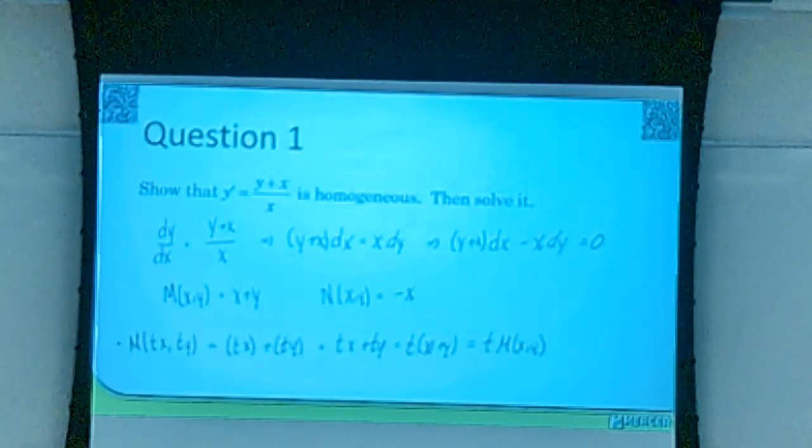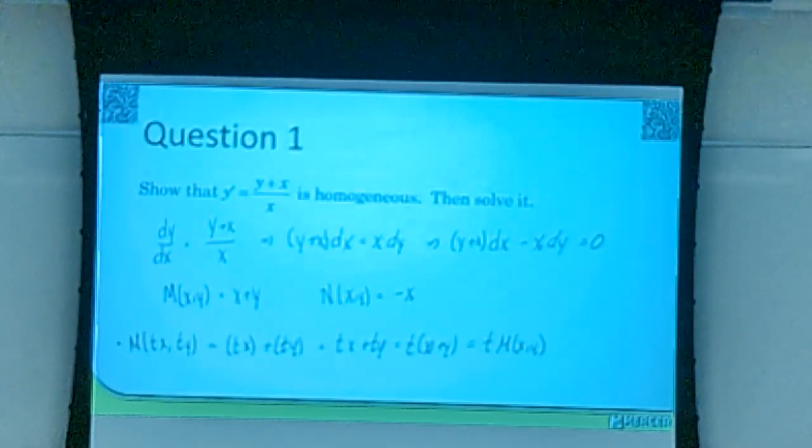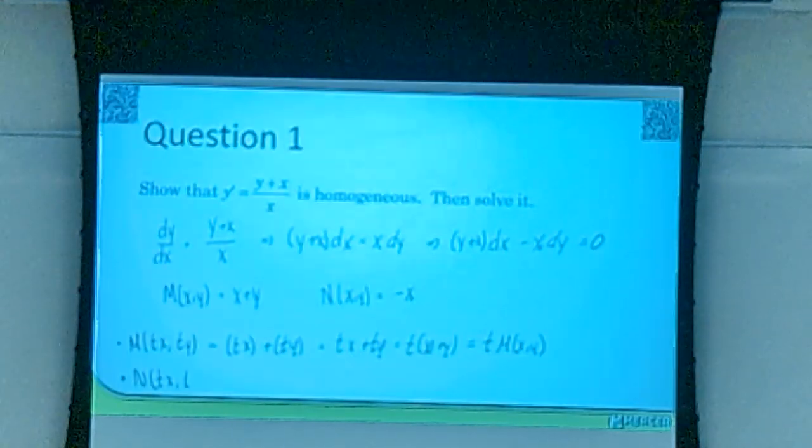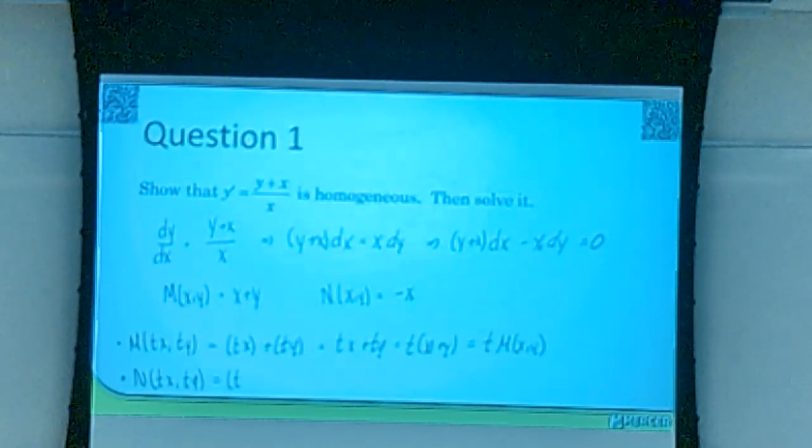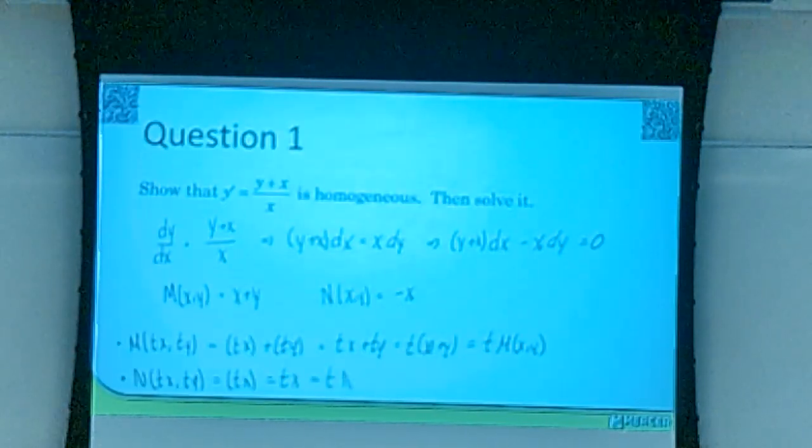That's how you show homogeneous, degree 1 in this case, right? N is just stupidly trivial. I forgot the negative. Oops.